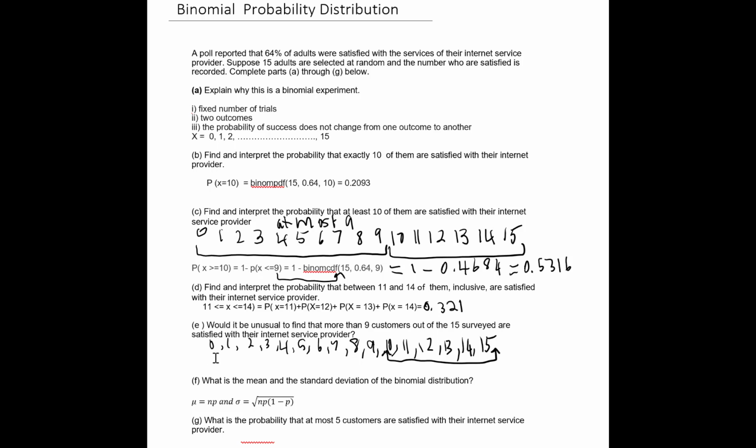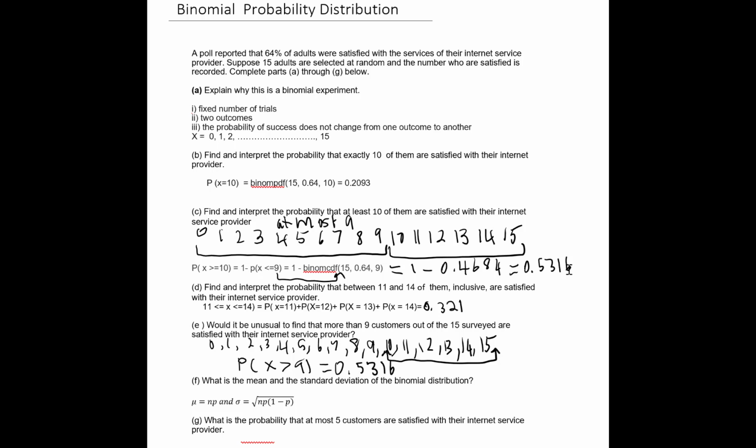And 9 and less means at most 9, and we already did that in part C. So we already know the answer for this one. We did binomial CDF 15, 0.64, 9, and subtracted the answer from 1, which is 0.5316. So the probability of X more than 9 is 0.5316.